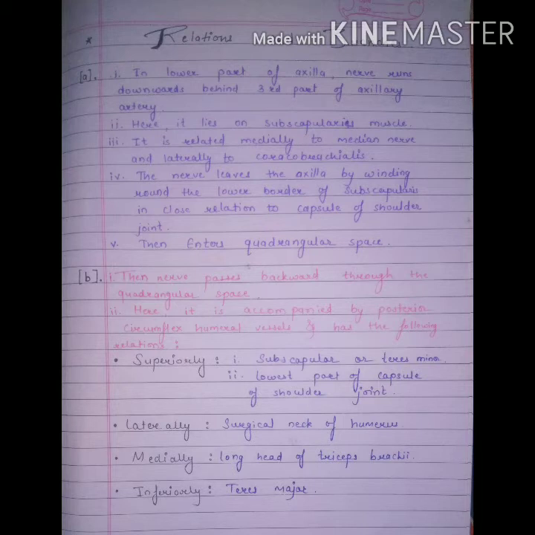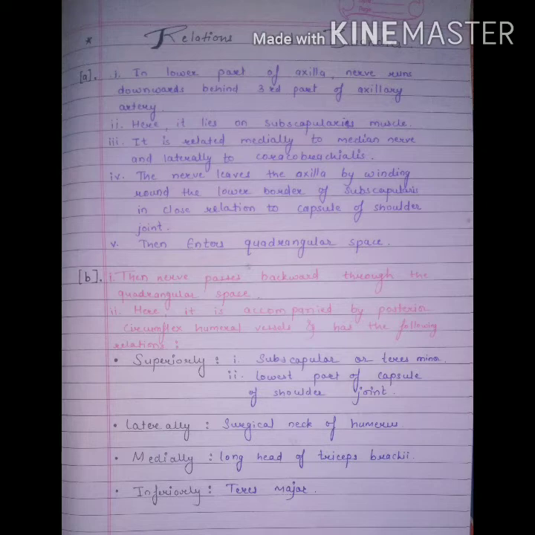Now look at it. The first point is that in the lower part of the axilla the nerve runs downwards behind the third part of the axillary artery. We saw the third part of the axillary artery in that video.